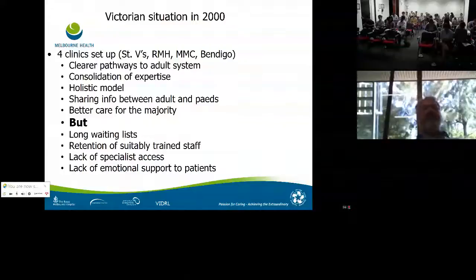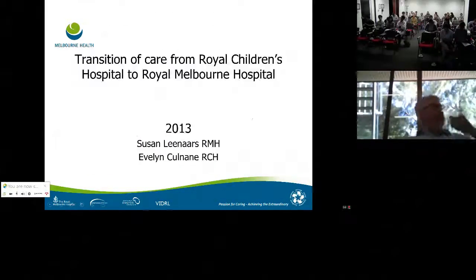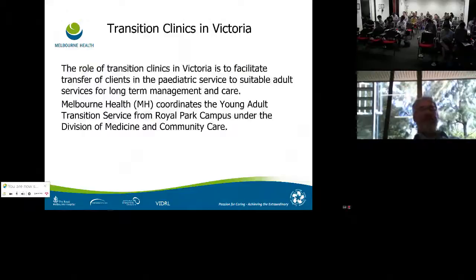And probably I think there's been a lack of emotional support for patients, and so this has led at Royal Melbourne Hospital to, in 2013, we set up a system of transition from Royal Children's Hospital to Royal Melbourne Hospital for the group of patients with spina bifida.